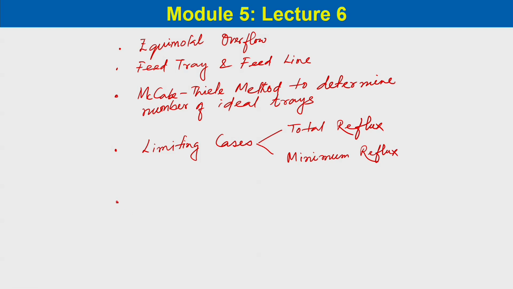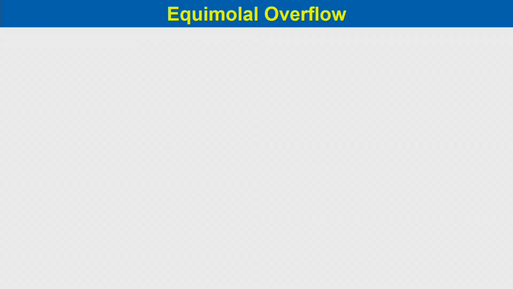We will consider one analytical method to find out the number of trays using Fenske equation. So, let us start with equimolal overflow.